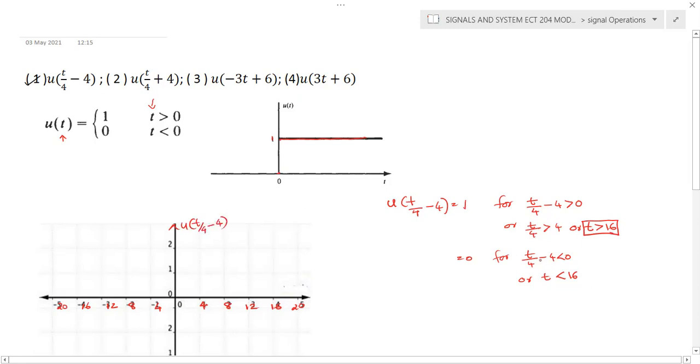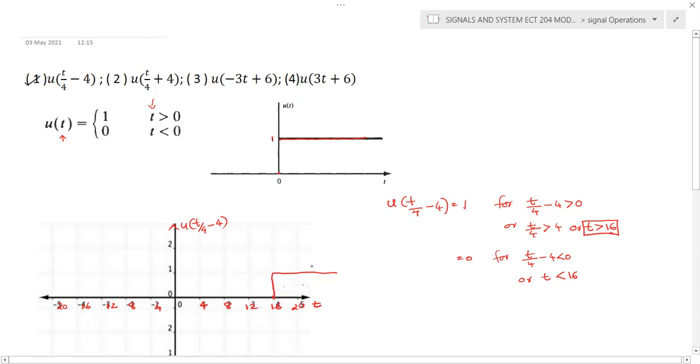From this equation we got the information that when t is greater than 16, so this is the point 16, and this is the t axis, when t is greater than 16, the function magnitude is 1. So it will be like this. So this is u of t by 4 minus 4.